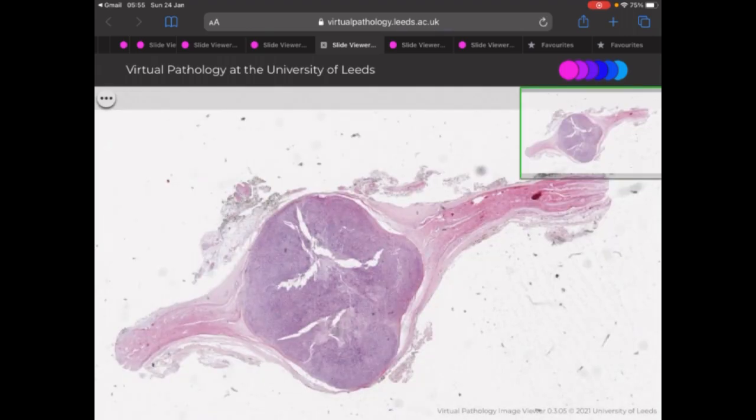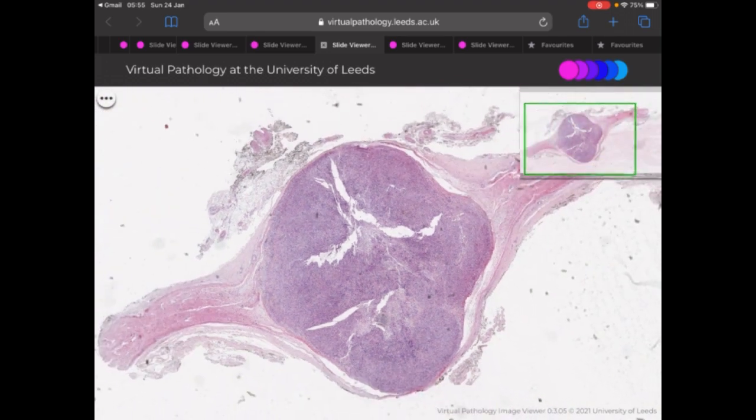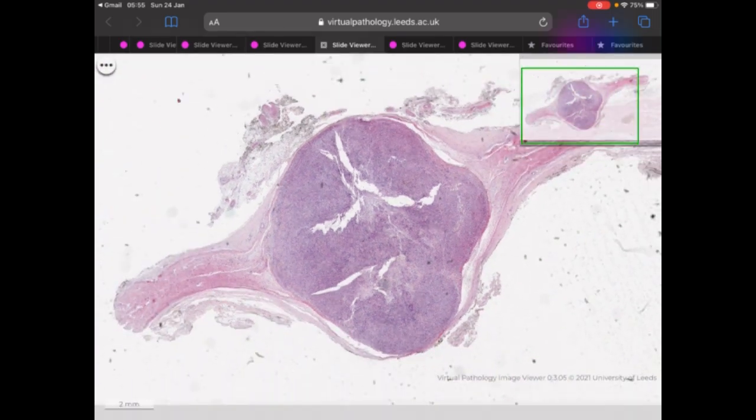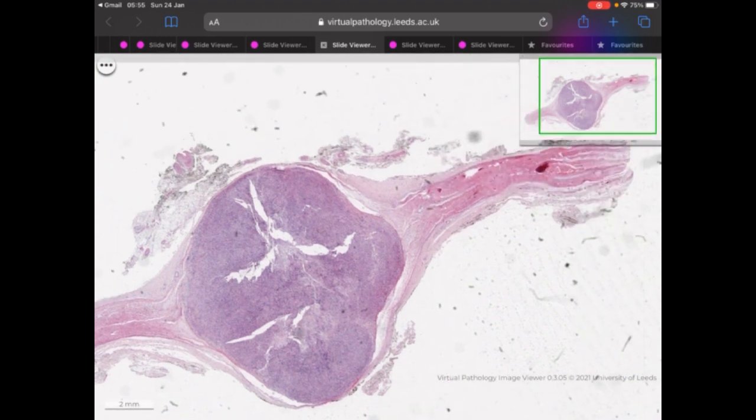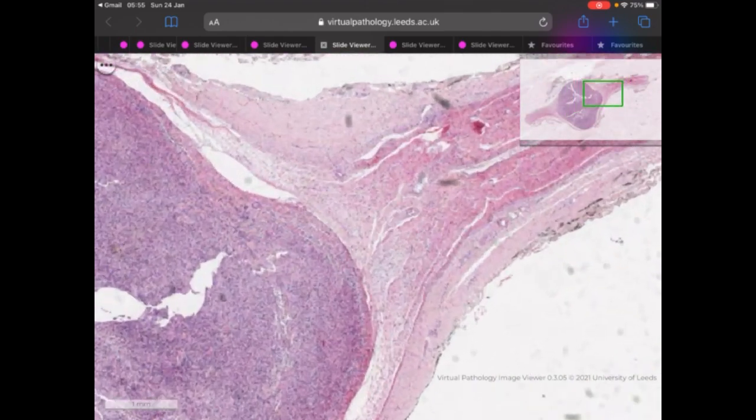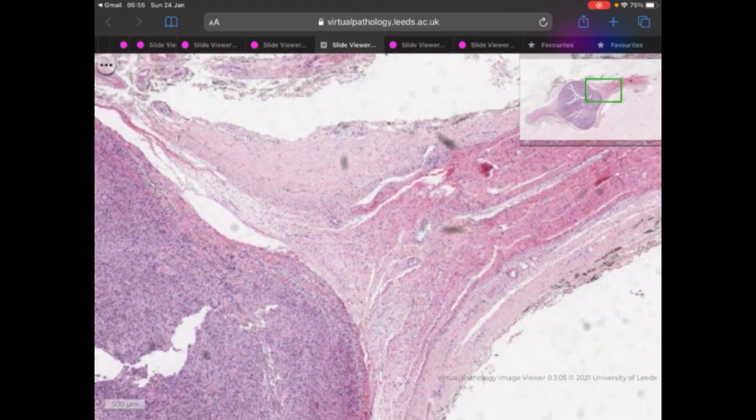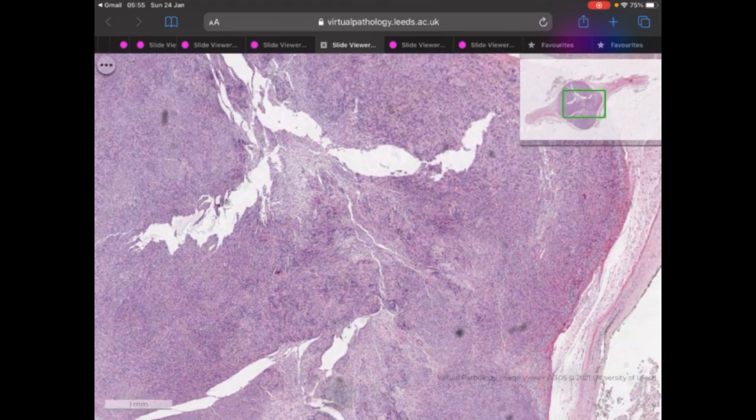And our last visual slide that I would like to show is schwannoma. In this view, you can appreciate that they are very circumscribed, well marginated, encapsulated, and this is in continuation with the nerve.